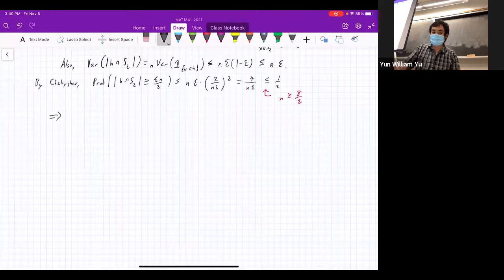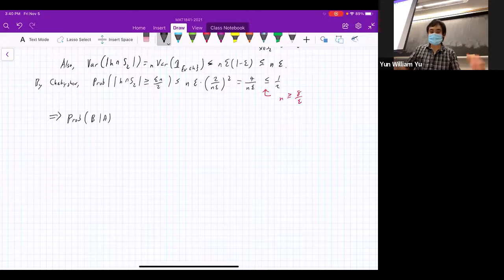This means that the probability of B given A is greater than or equal to 1/2, right? Because the event that we're looking at right now is that the same H for both event A and event B is satisfied.